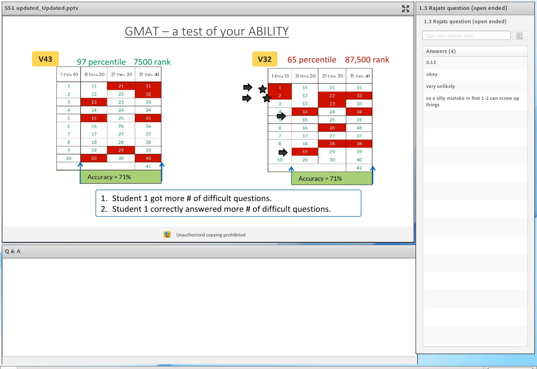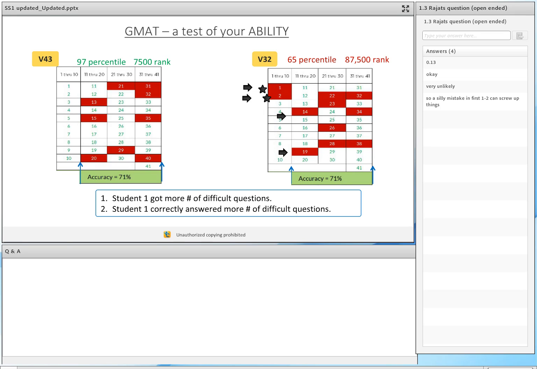Why? Because it does 2 things. These people who spend 30% of the time in the first 8 questions are making a very fatal assumption. What they're assuming is that by spending more time on a particular question, more than required time, they increase the probability of getting that question right, which on the GMAT doesn't work.